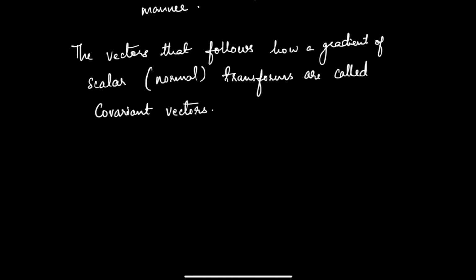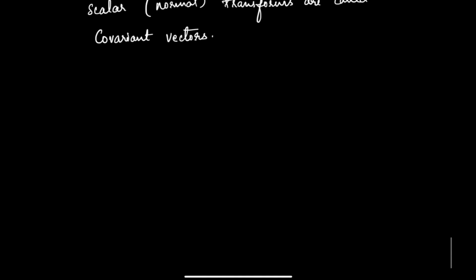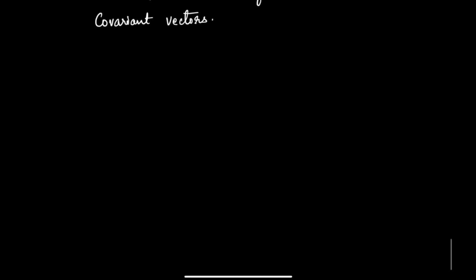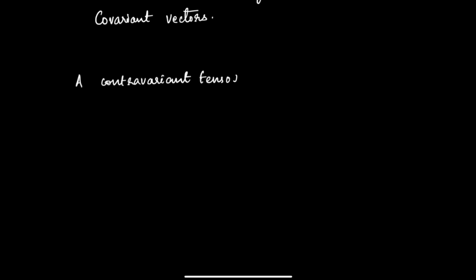So the concept of covariant and contravariant vectors can be generalized to higher order tensors also. So we'll just write how a contravariant tensor of rank 2 transforms. A contravariant tensor of rank 2, for example, I can write T prime mu nu.